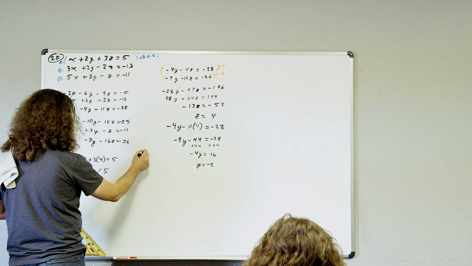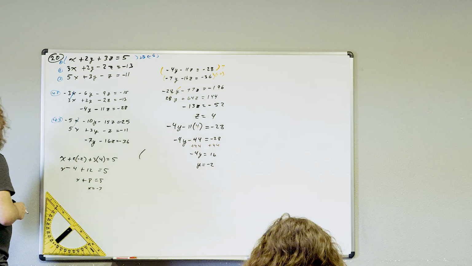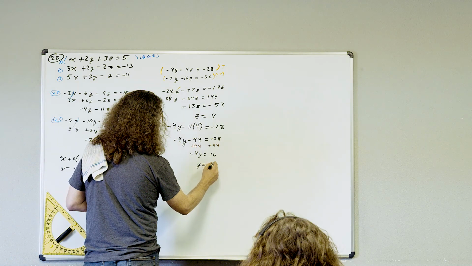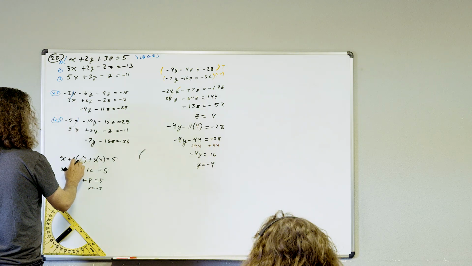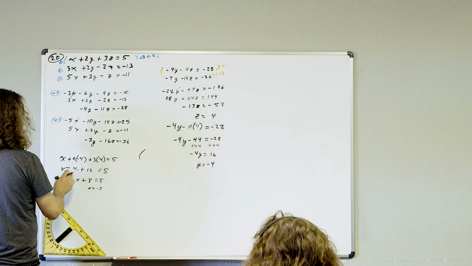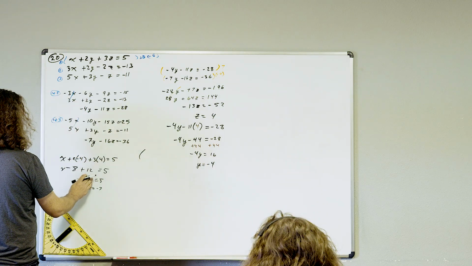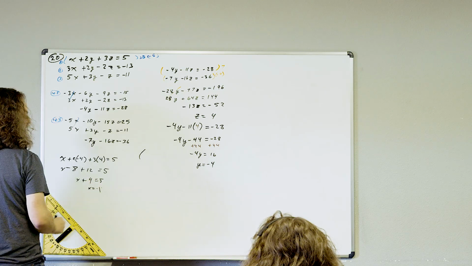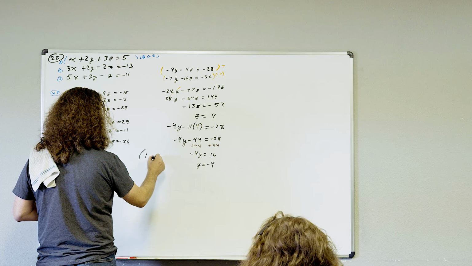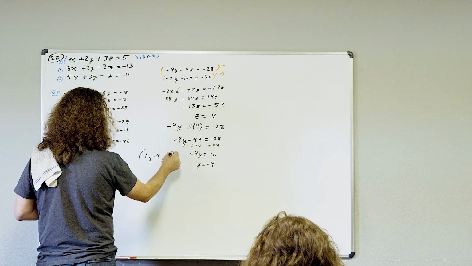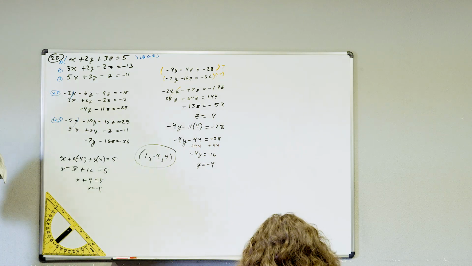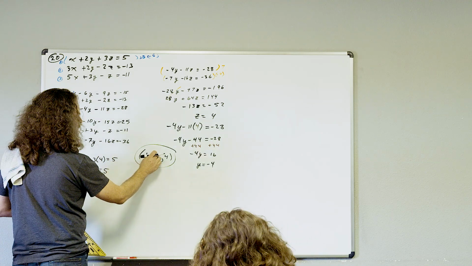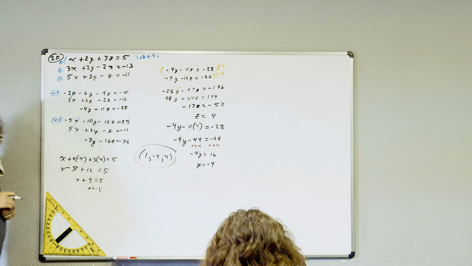Why is y negative 2? It's 16 divided by 4. So the ordered pair is negative 3, negative 2, 4.